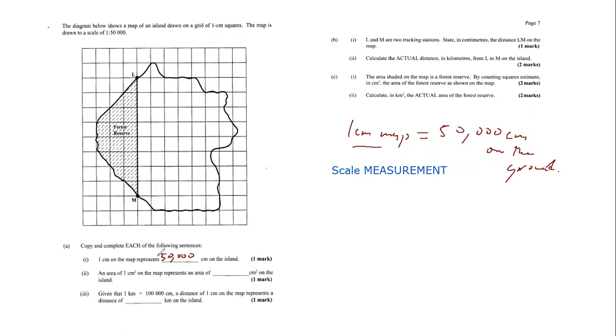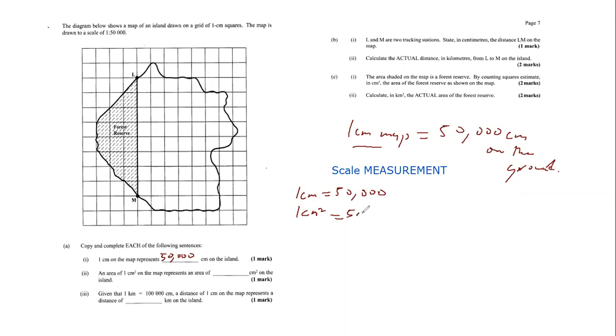Now, what's the next question? An area of 1 centimeter square on the map represents what area on the island? If 1 centimeter is equal to 50,000, and I want to find 1 centimeter square on the island, what will I write? You're going to square the 50,000.